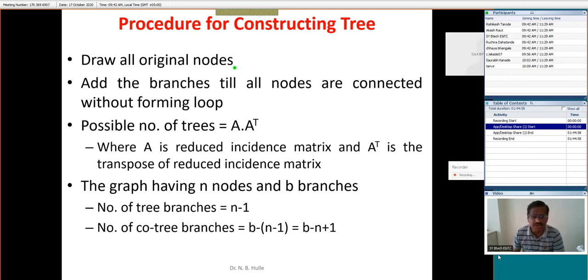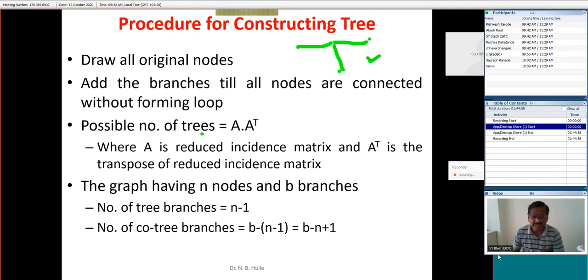Draw all original nodes. Generally, we will draw the nodes 1, 2, 3, 4, whatever. Add the branches till all the nodes are connected without forming a loop. Something like this, and this. We have connected all the nodes, now without forming a loop, that is nothing but the tree.